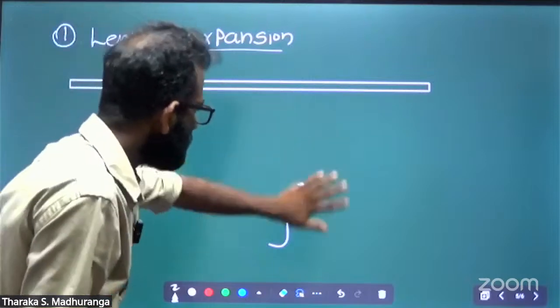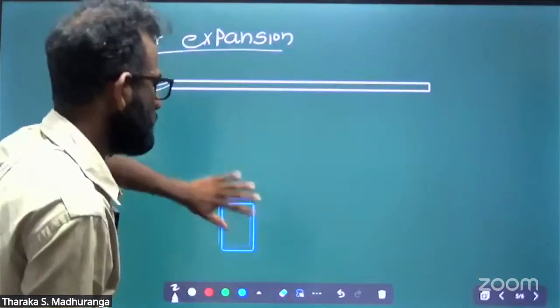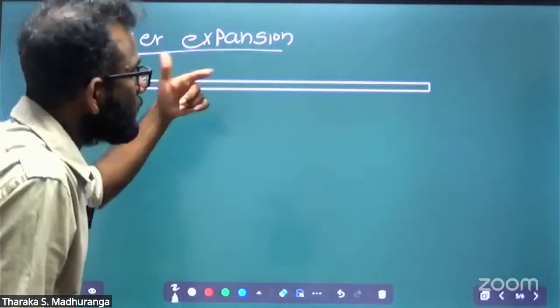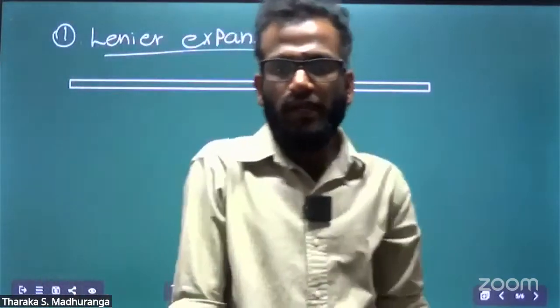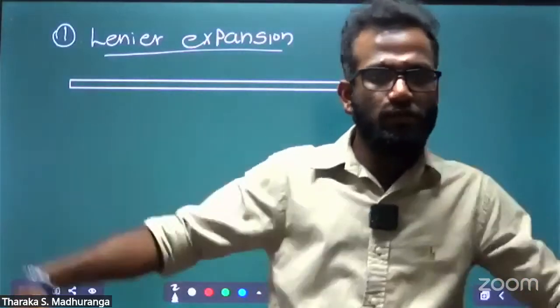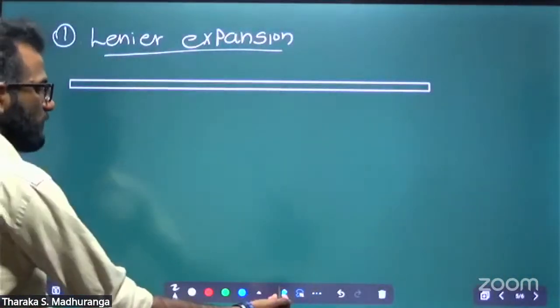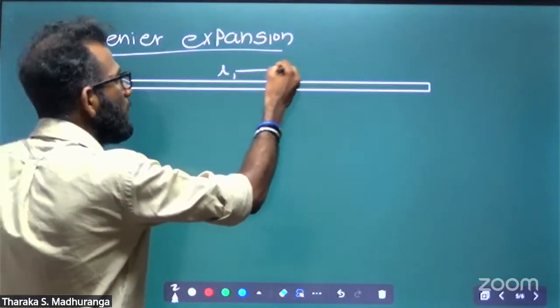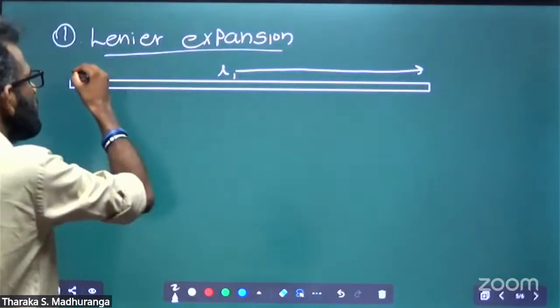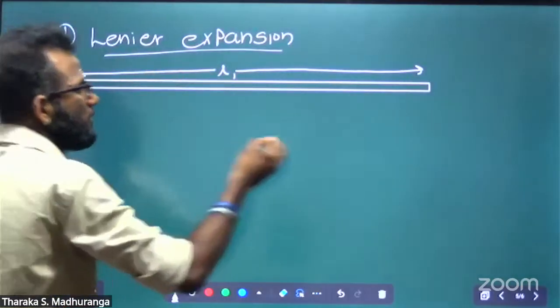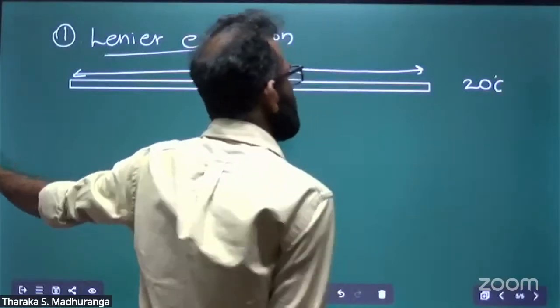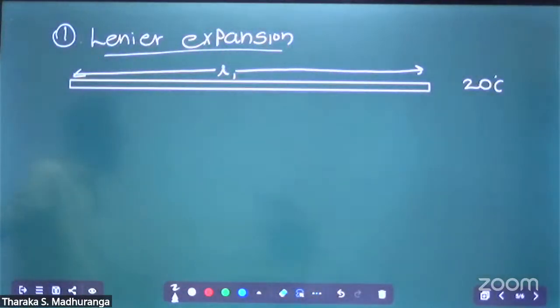When we increase the temperature of any linear object, meaning a one-dimensional object, think the initial length is L1. At its initial temperature, think 20 Celsius, its length is L1.